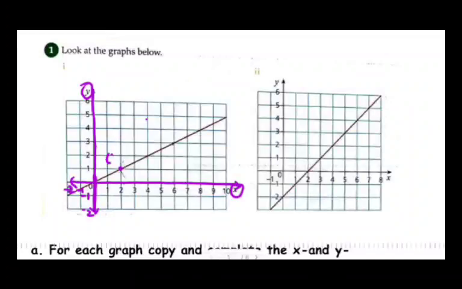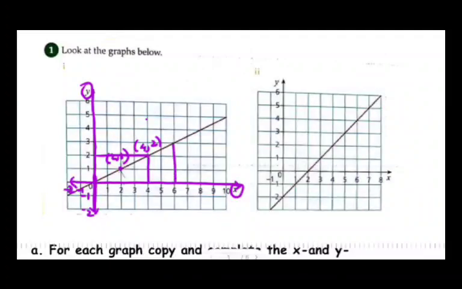Okay, I'll write the coordinates on top. Look at this. This point out here is (4, 2). Correct? 2 from here, 4 from here. All the coordinates of the x-axis always have to be written first.